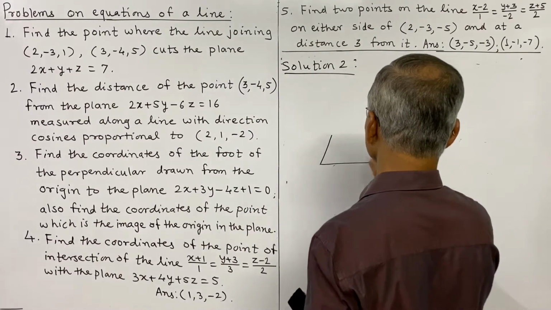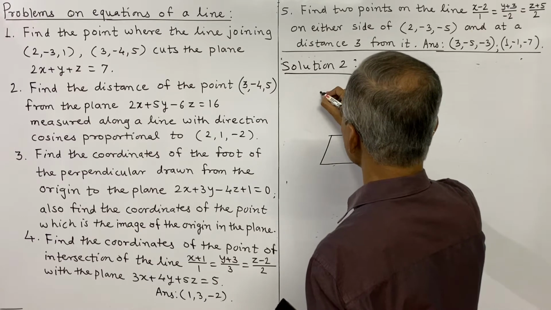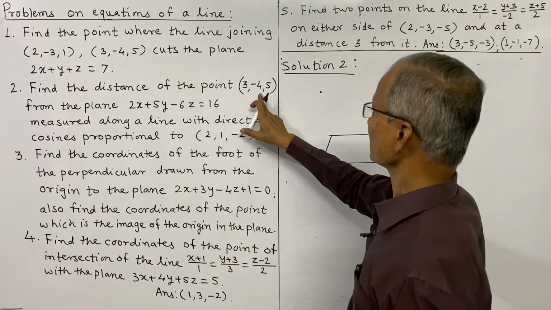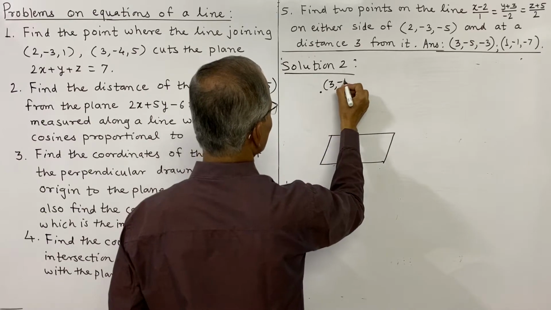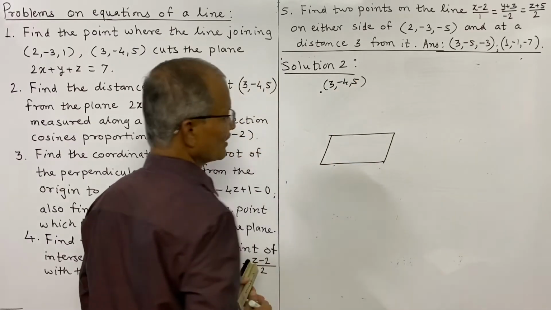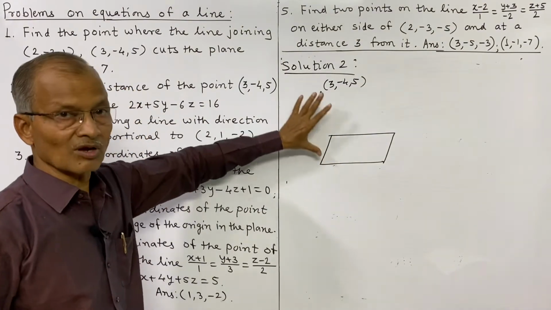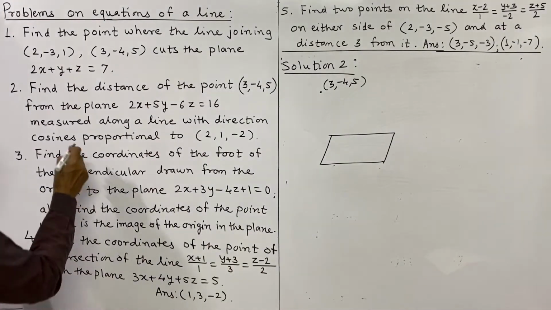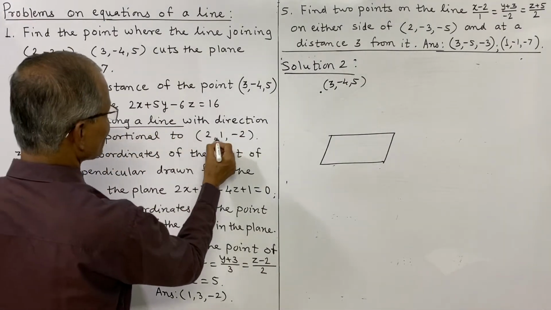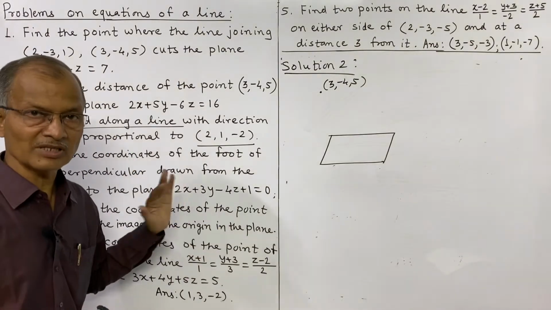Suppose this is the plane, and suppose this is a point here which is given 3, minus 4, 5. And the distance between this point and this plane is asked, but that is not perpendicular distance. It is the distance measured along a line with DRs. Direction cosines proportional means DRs.